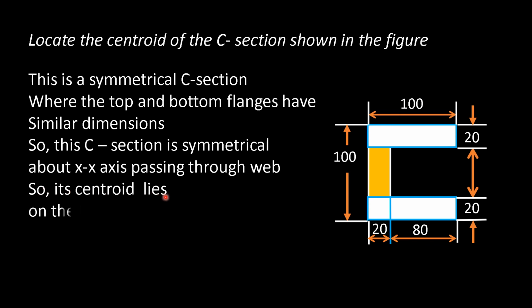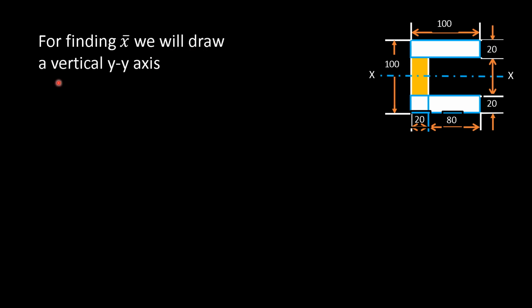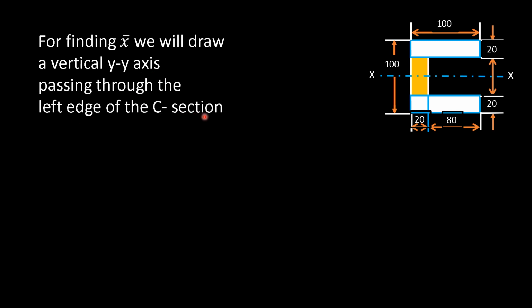So its centroid lies on the horizontal x axis, which implies y bar equals 0. For finding x bar, we will draw a vertical y-y axis passing through the left edge of the C section.